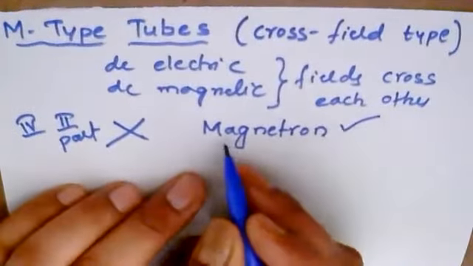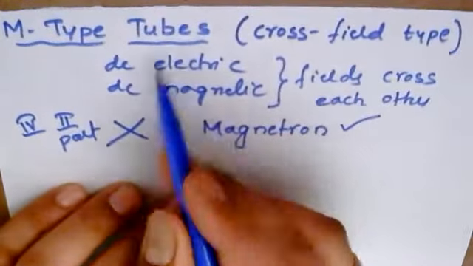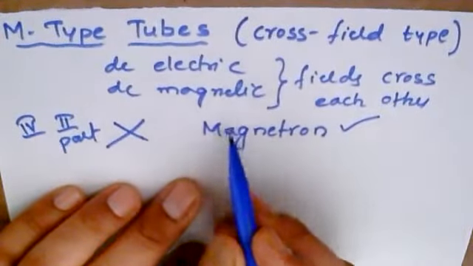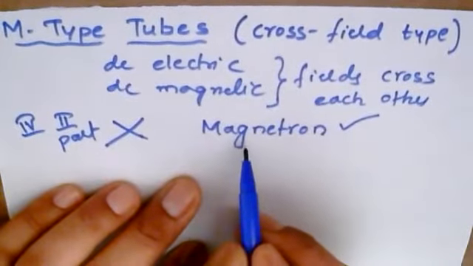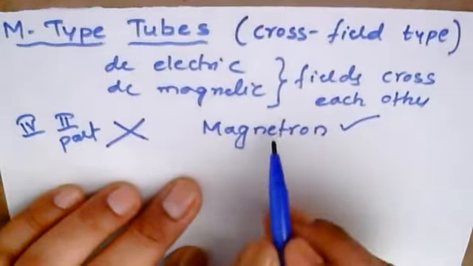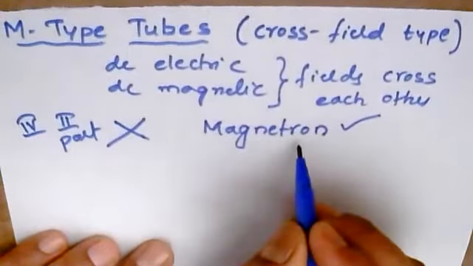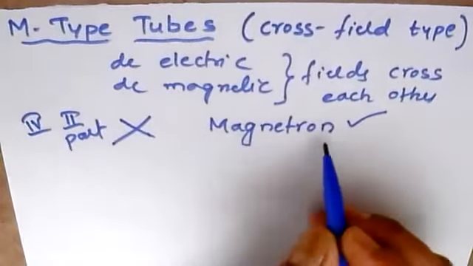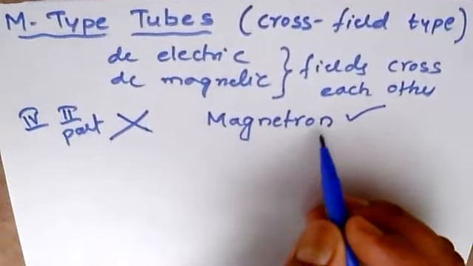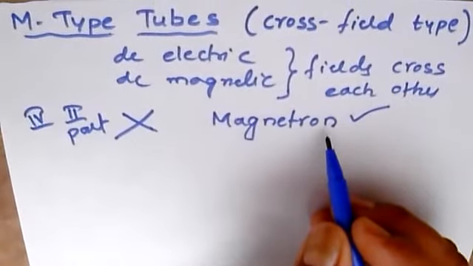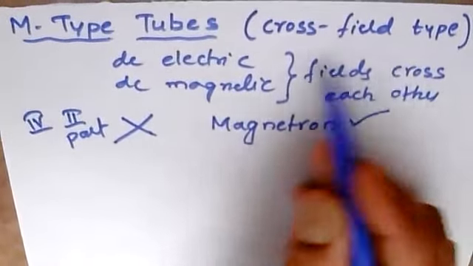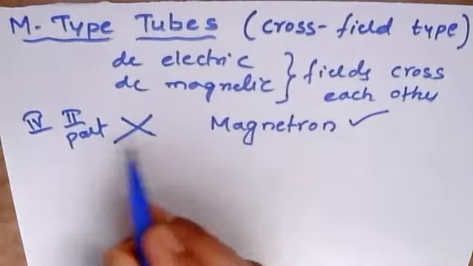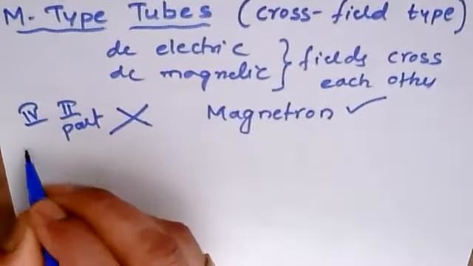This magnetron is an M type tube, which has electric field and magnetic field crossing each other, so it is named as crossed field type of tube. The magnetron is a very good working device at microwave frequencies under the category of crossed field type of tubes. Now we'll move to a little bit more details.